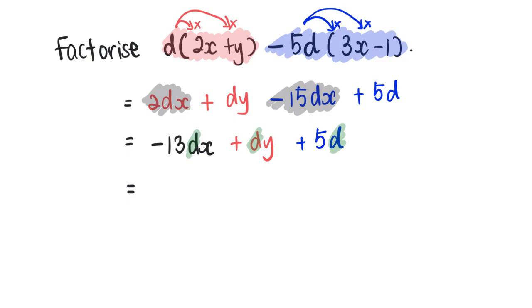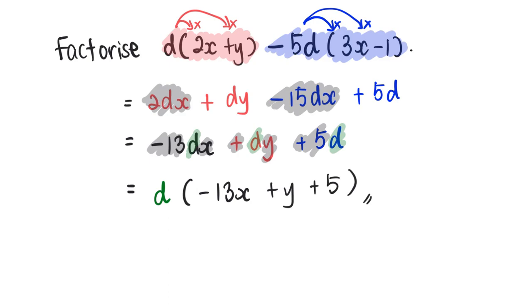Yep, d is the common factor, which I will extract out to give me a final answer, negative 13x plus y plus 5. And we are done. We have successfully factorized the expression into the following factors, d, and the other factor is the whole bracket, negative 13x plus y plus 5.